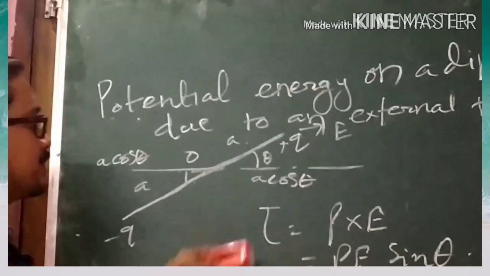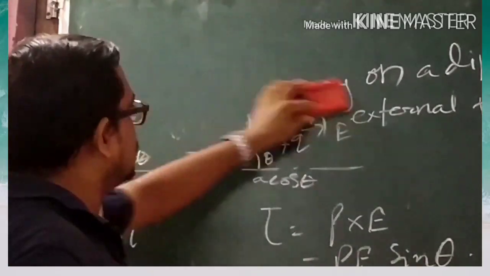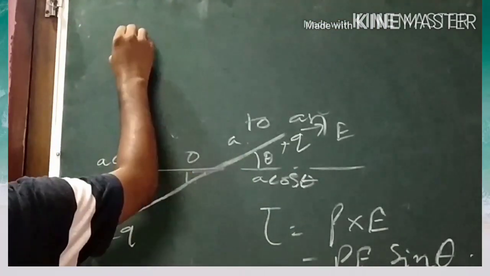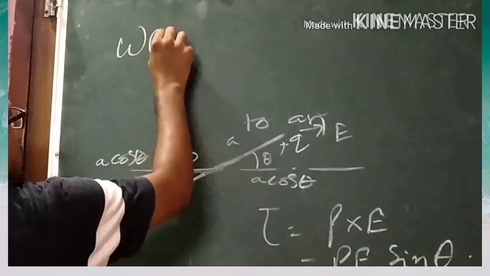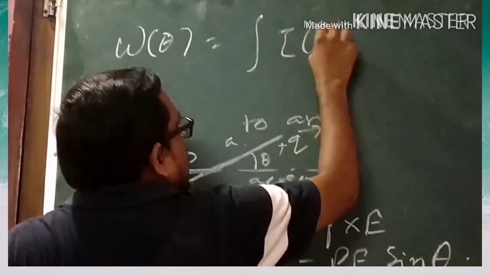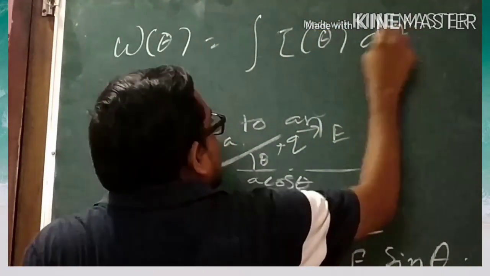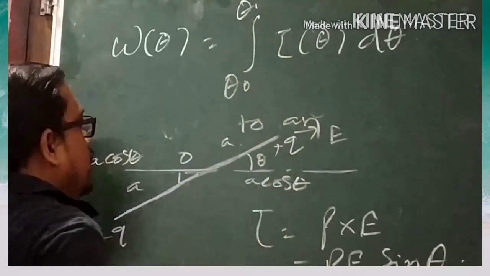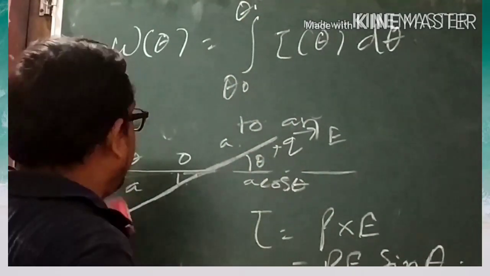Okay, now the work done will be equal to the integration of tau d theta, between theta 0 and theta 1.